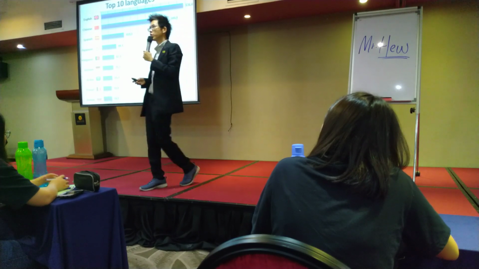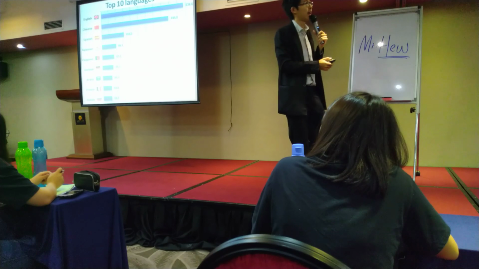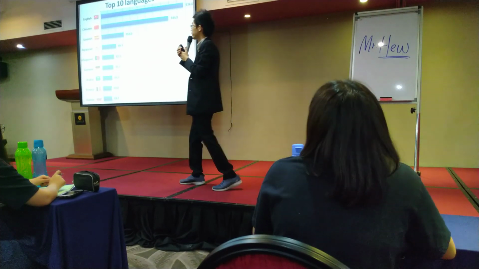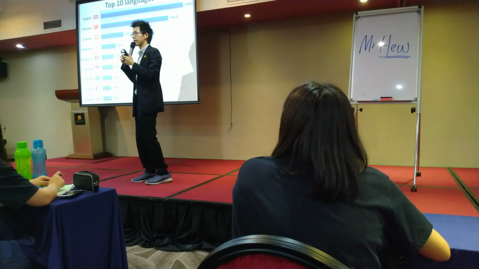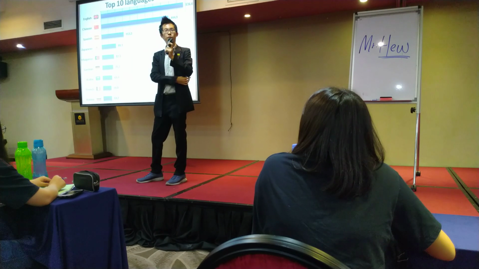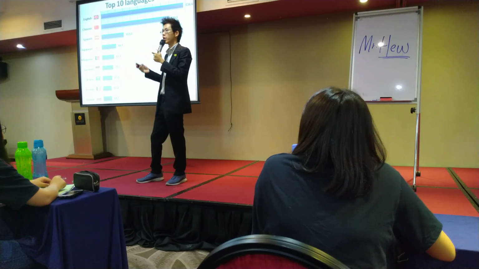English is referred to as one of the top 10 languages in the world, followed by Mandarin. If we know Mandarin and we also know English, then we are bilingual. Those who can do bilingual are very sought after in the career, in the job.